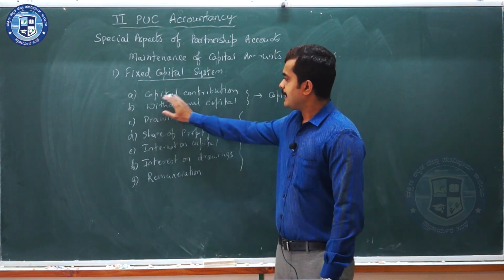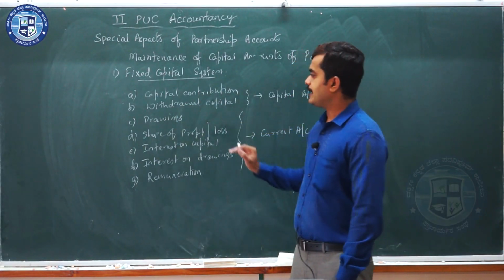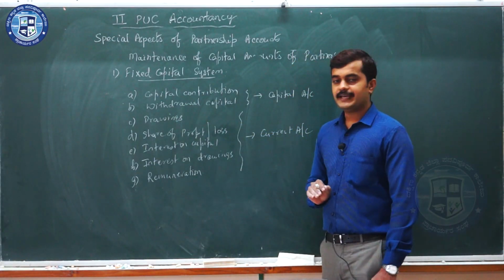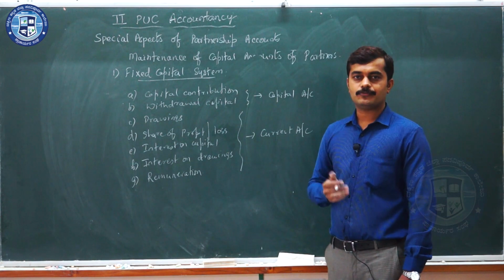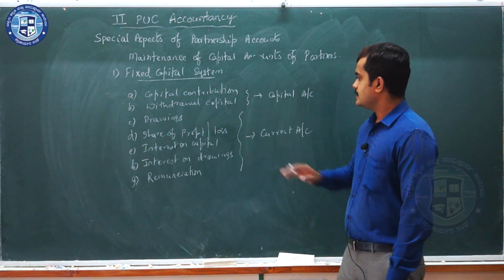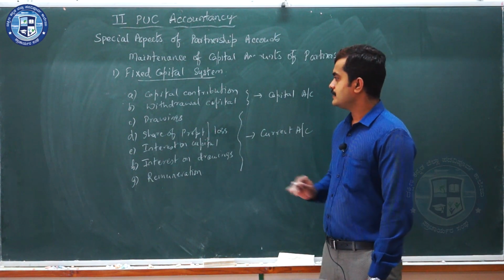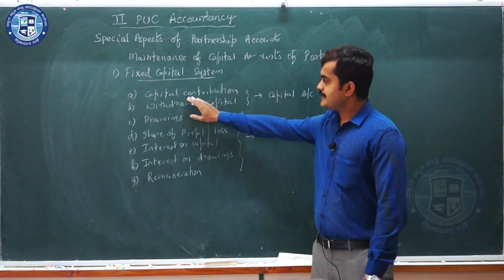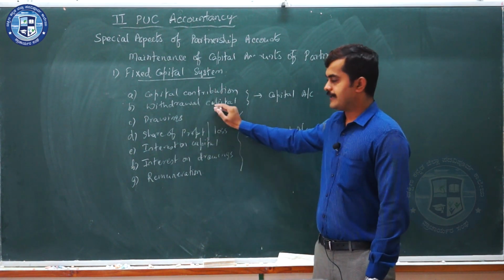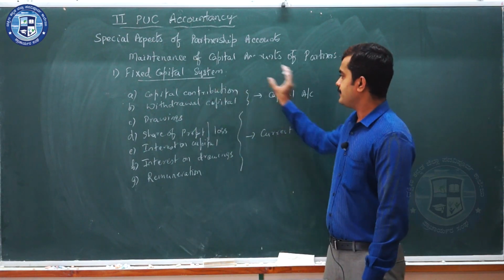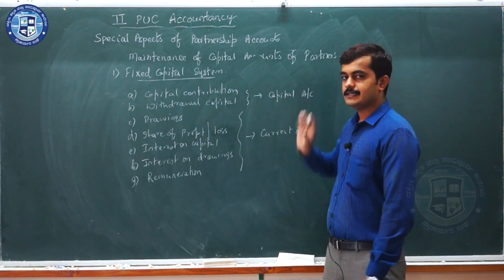As we said, capital contribution and withdrawal of capital take place not very often. They are recorded in capital accounts only. Whenever there is capital contribution or withdrawal of capital, that will affect the balance in that capital account.